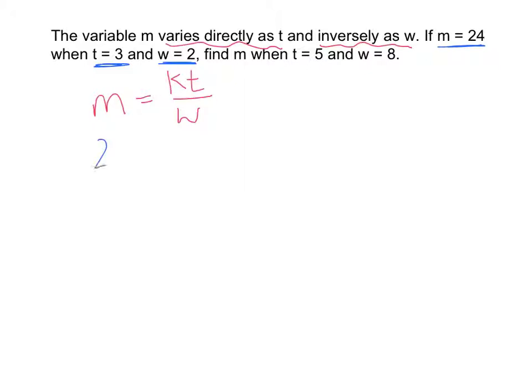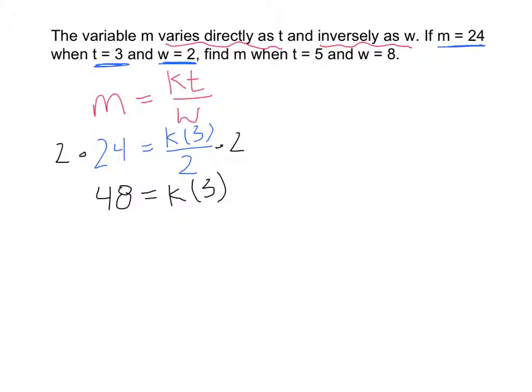Now we just have an equation we can solve. To get that 2 out of the denominator, we would multiply. So 48 equals k times 3. Now we just need to divide and we'll find our k. Divided by 3, so k is 16.